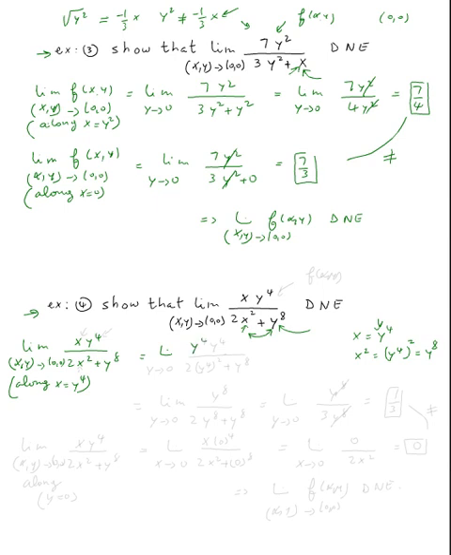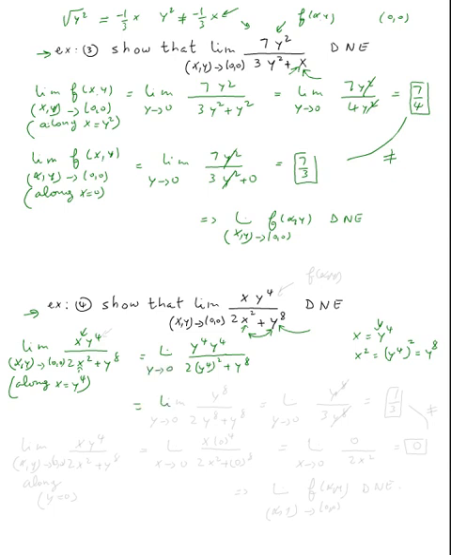So y to the 4th times y^4, over 2 times y^4 squared plus y^8, as y approaches 0.